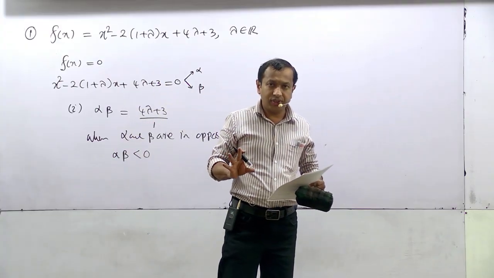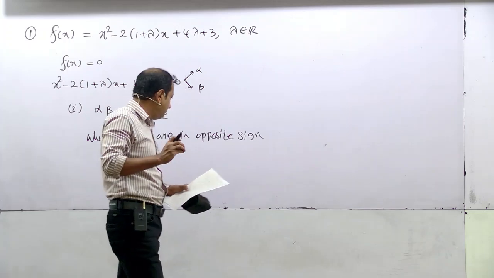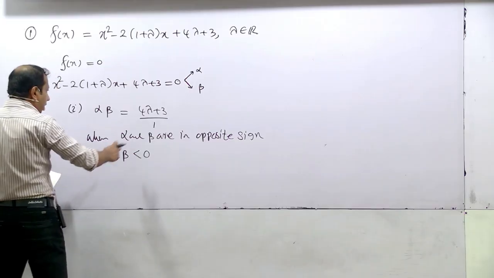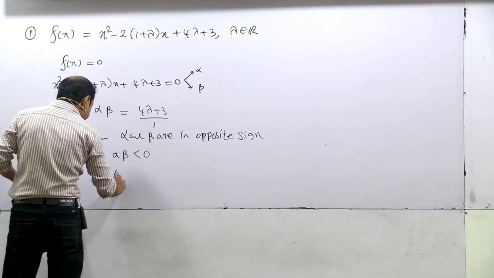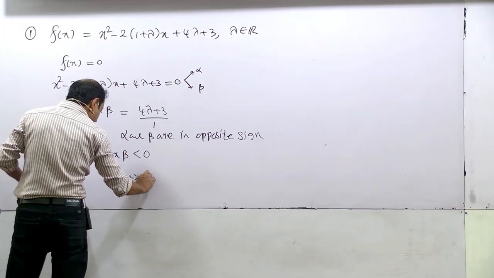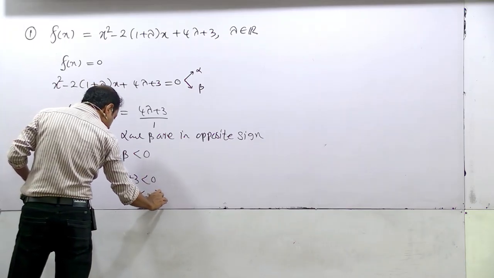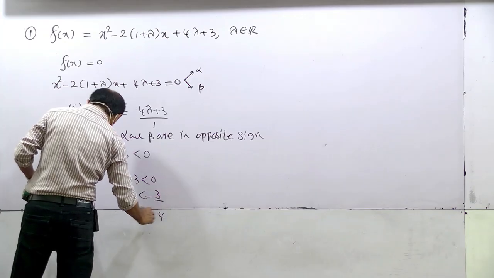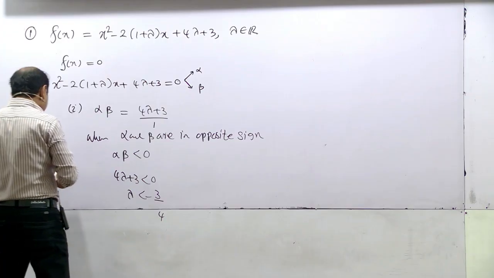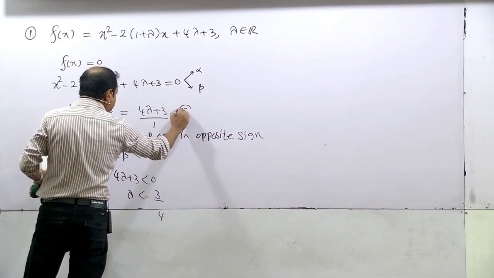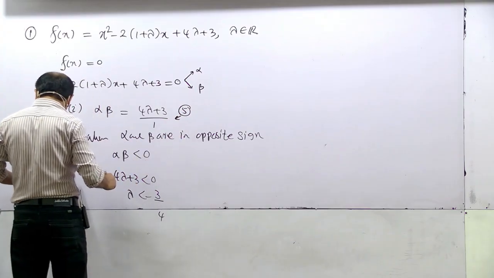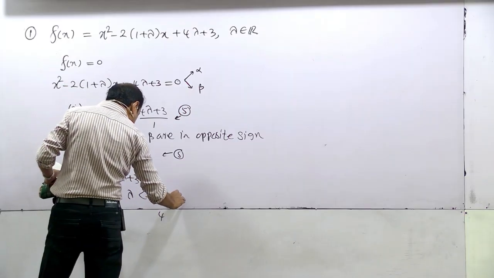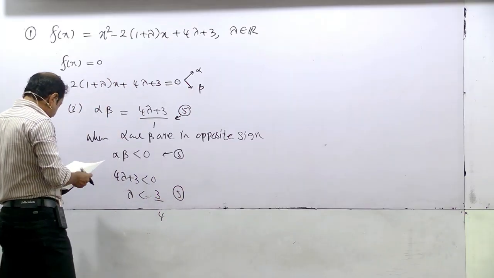But we are sure that when alpha and beta are in opposite sign, alpha beta product is negative. Alpha beta product is here 4 lambda plus 3, which should be negative. This gives lambda less than minus 3 over 4. Here 5 marks are given for this answer.